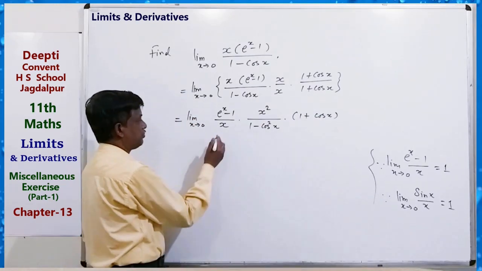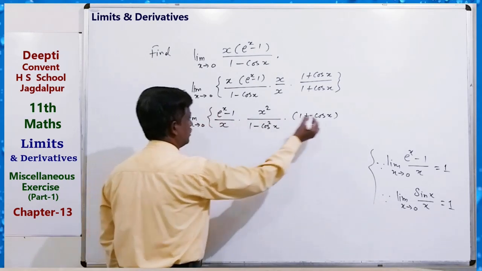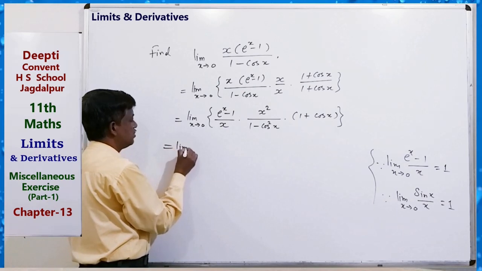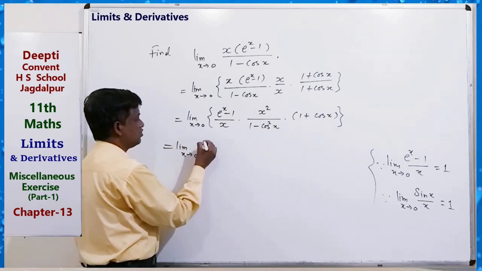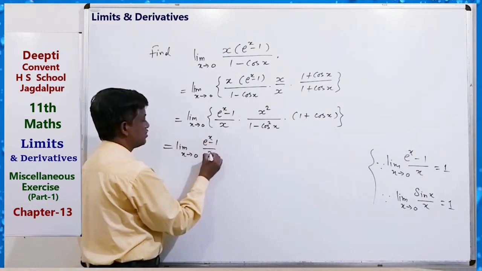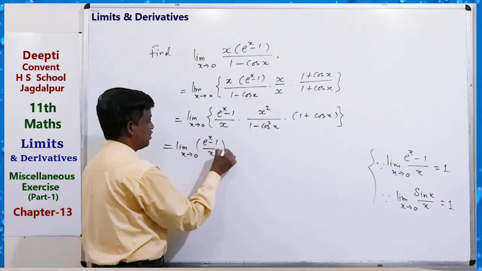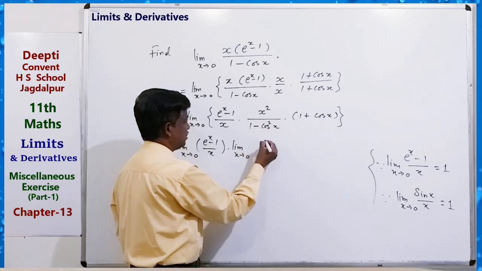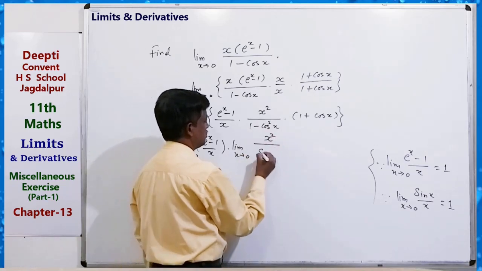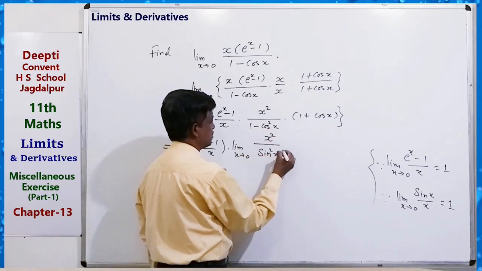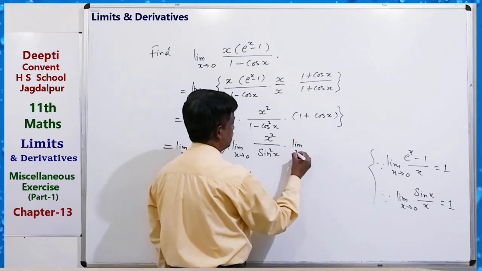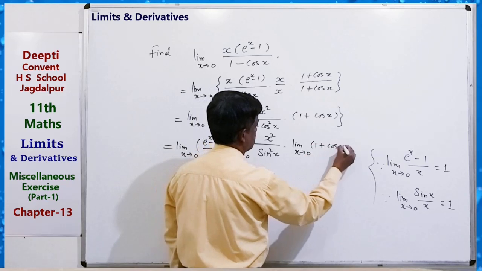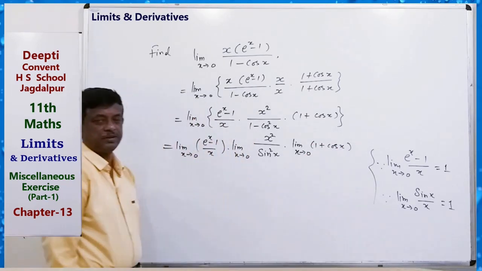So here also see this 3 part can be distributed like this. Limit x tending to 0 of (e to the power x minus 1) upon x. This is our first part. Now limit x tending to 0 of x square upon sine square x, limit x tending to 0 of 1 plus cos x, just we are distributing it.